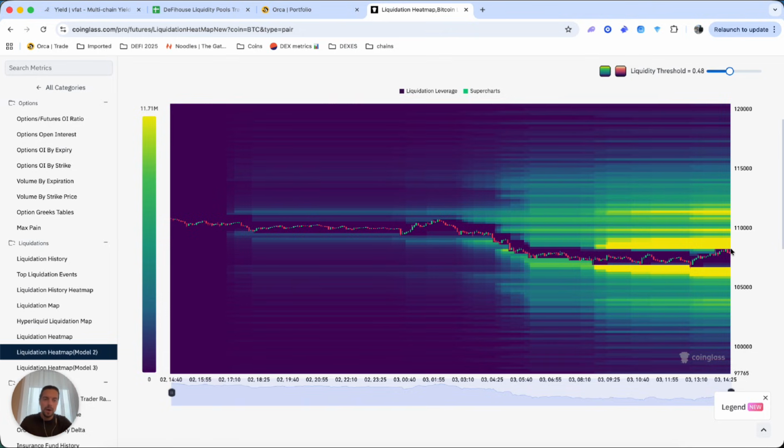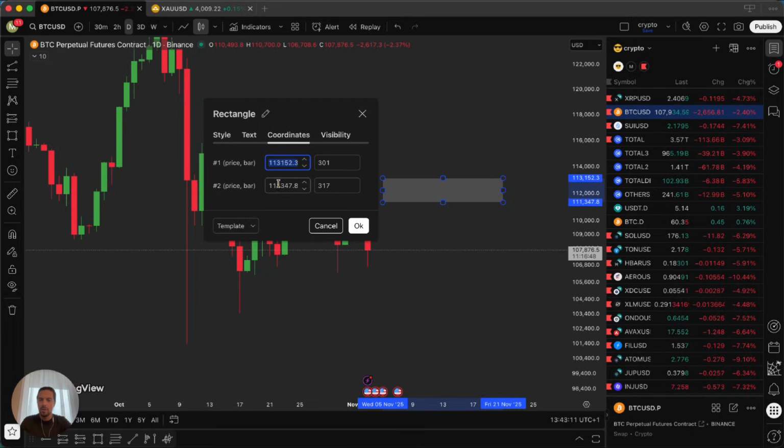So then you want to be hovering right at the bottom edge of the area, which would give you the price of 108,346, okay, like that.